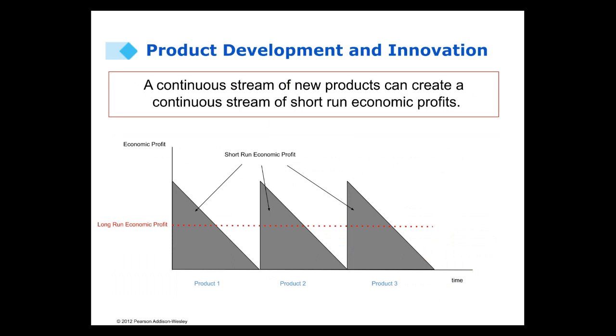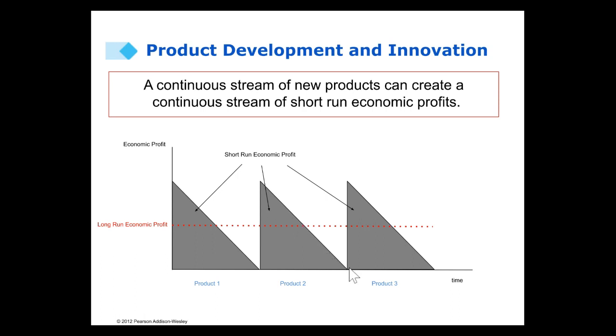And you can think about this process of product development, innovation. If they're able to make an economic profit in the short run, and then maybe it lasts only for a certain time and it goes away from product one, then they develop product two. They make a short run economic profit. It goes away over time as people compete with them.